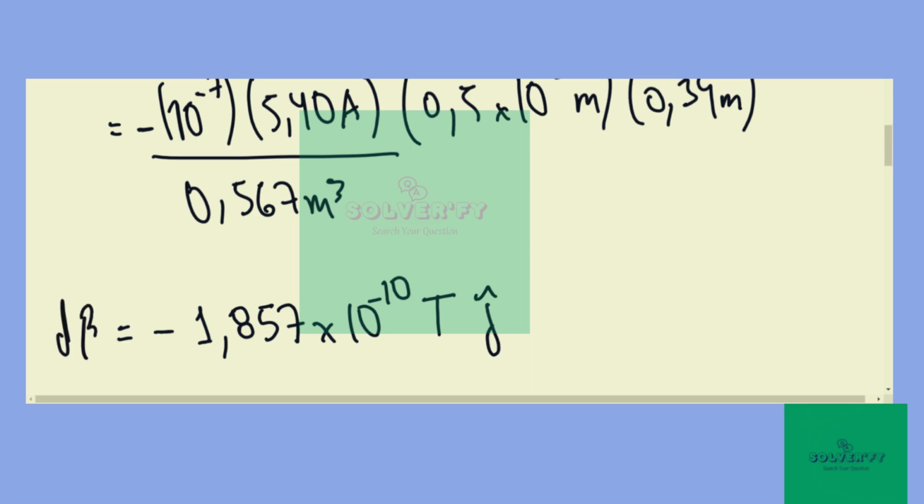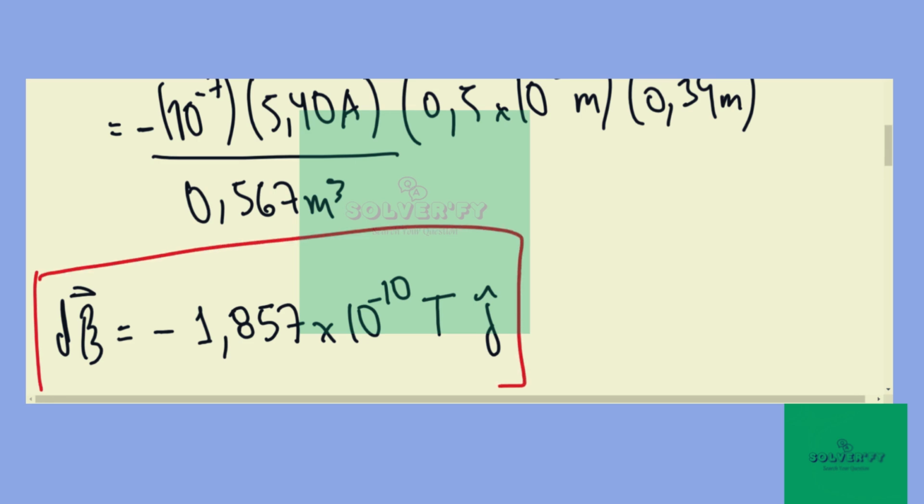So this is the magnetic field at the point P. So this is it for this problem. Thank you.